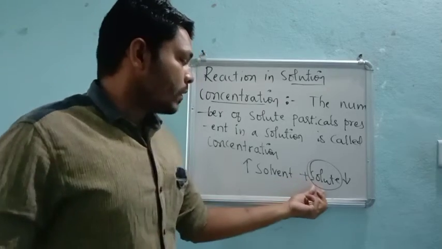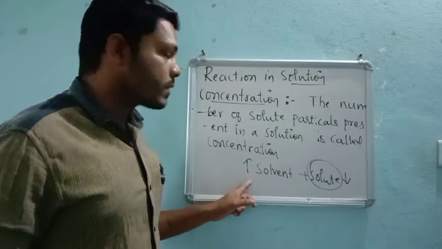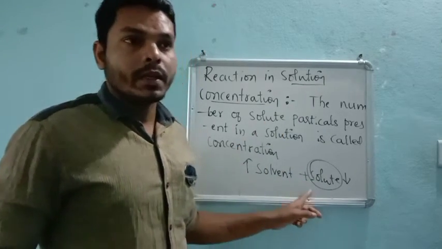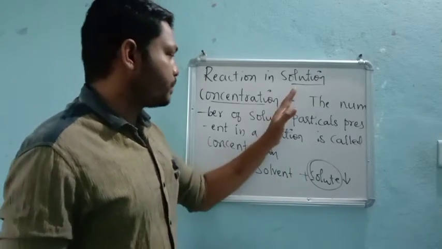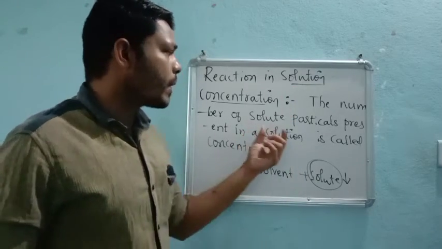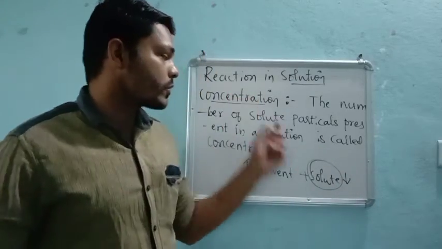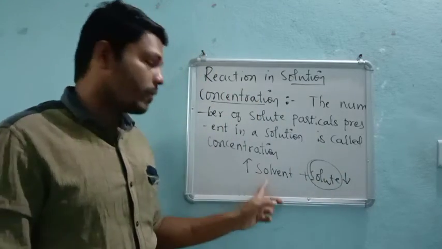So to make a solution, what do we require? Solvent as well as a solute. So concentration is nothing but the number of solute particles, not solvents.